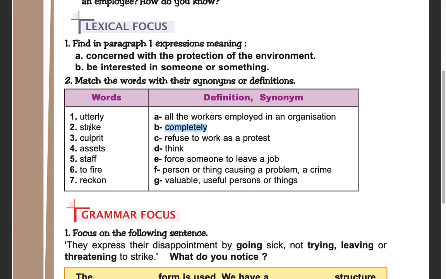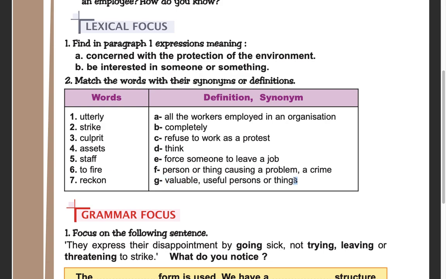Strike is a noun, so it should be to go on strike, so it is a noun, but here we can use it also as a verb. To refuse to work as a protest for certain conditions. Culprit is a person or thing that causes a problem or a crime. This is a noun. Assets, a noun in the plural form. We're looking at valuable, useful persons or things.